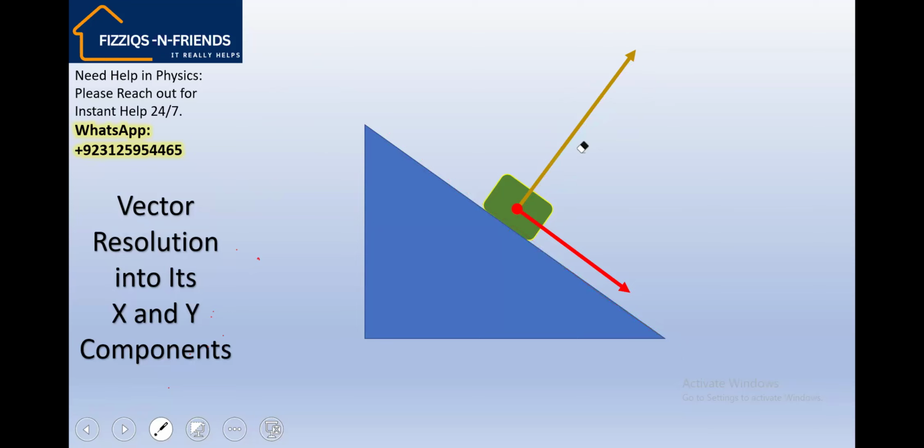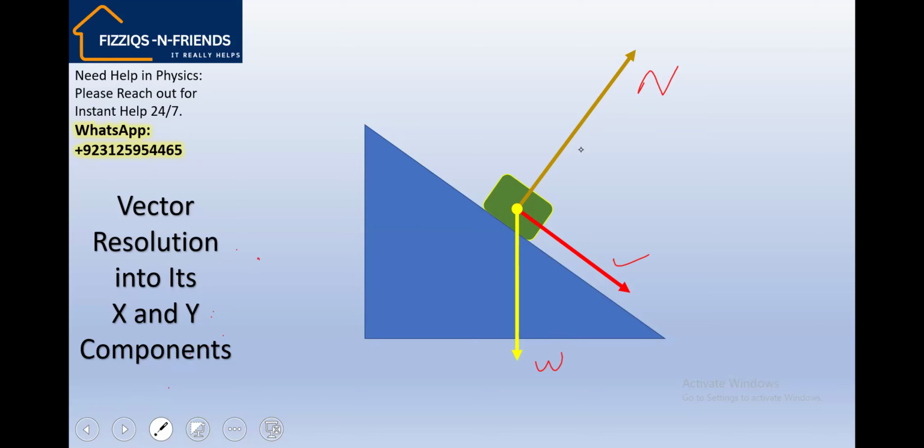So this is the normal force, and this is a force which is bringing the block down. And what about the weight of the block? The weight must be acting downward. It never goes tilted. It always acts vertically. Remember that weight always acts vertically.